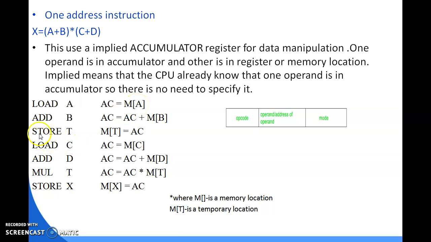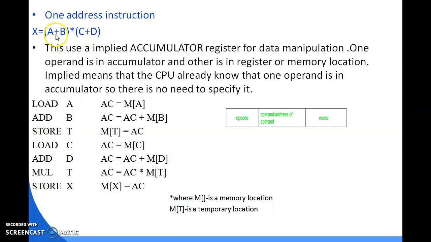Clear? Next, store t, M of t equal to AC, because M of t is a temporary location. Definitely you have to create a temporary location, because within the memory there is only one place to store the data instruction. So here it is (a plus b) into (c plus d).